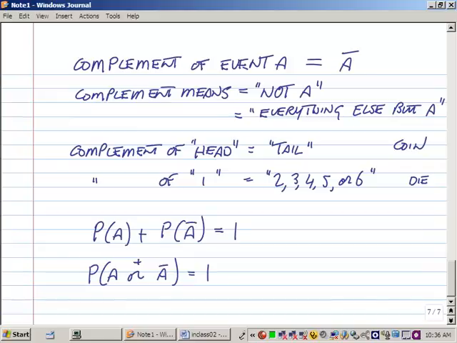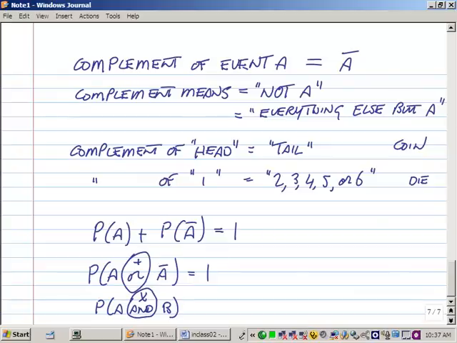Okay, and since we're talking about this, when we say or, we add. When we say and, A and B, we're going to use multiply, or the multiplication rule, or add, plus, or the addition rule.